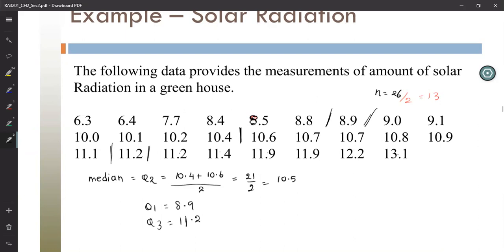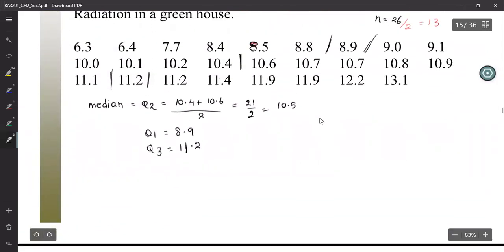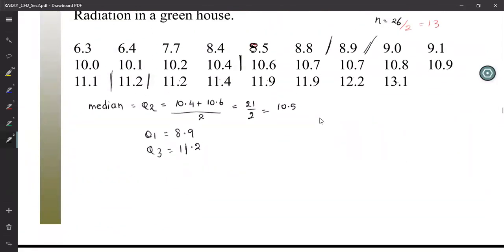Okay. Any question from this one? Shall we try another one? Let's try another one. Another small data set. Okay, try this one.